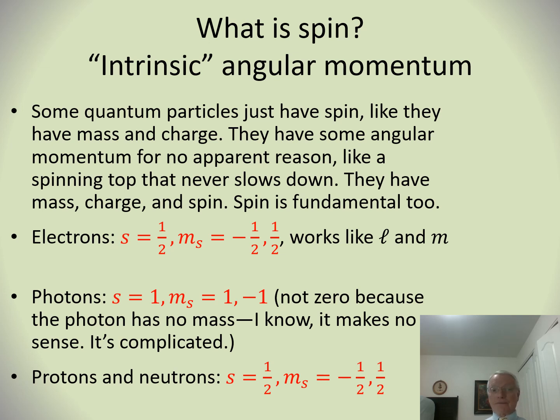And so you can have 2 kinds of photons. We might call them spin up and spin down, if we know what direction the angular momentum of the photon is in. But they are S equal 1 spin particles. Protons and neutrons, those are the next ones. We might as well know what those are. Those are spin 1/2. So they can have M equals minus 1/2 and plus 1/2.